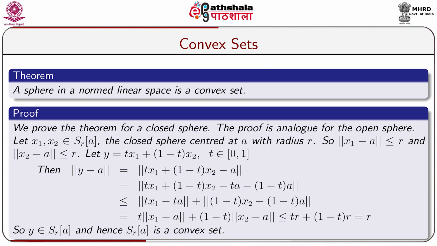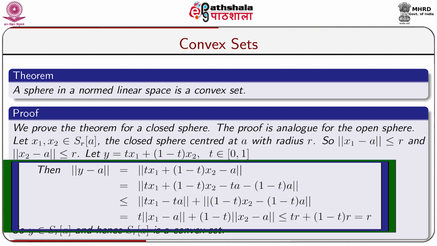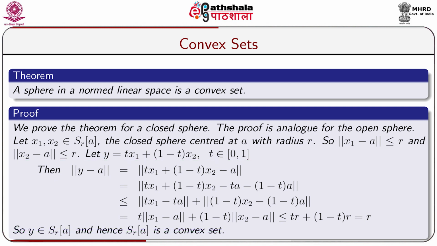Then norm of y minus a is equal to norm of t x1 plus (1 minus t) x2 minus a, because y equals t x1 plus (1 minus t) x2 is assumed. Now a can be written as t a plus (1 minus t) a.